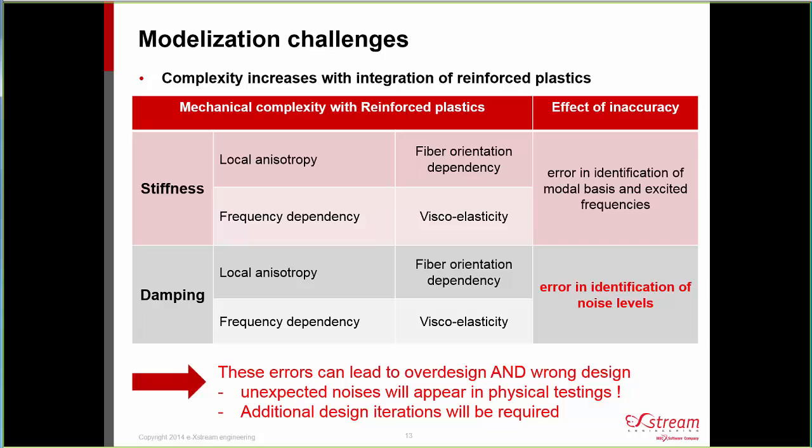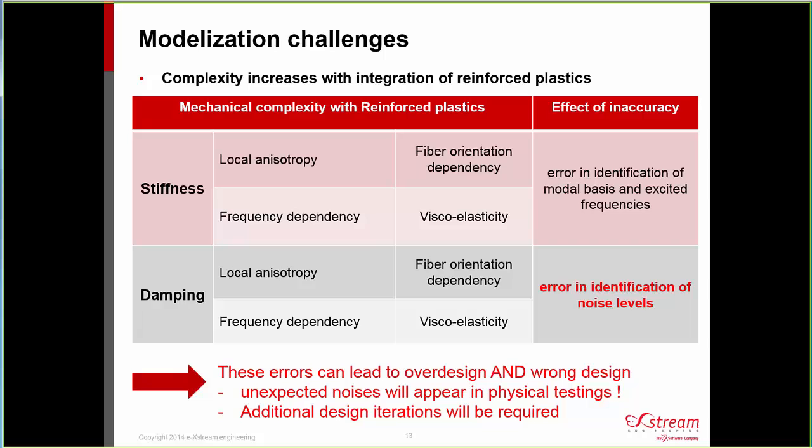Even with a single geometry, if you change the injection parameters, the positioning of gates, you change the fiber orientation distribution, and then you change the local anisotropy of stiffness. In the ideal way, you've also got to take into account the frequency dependency of stiffness, which means taking into account the viscoelasticity of the material.